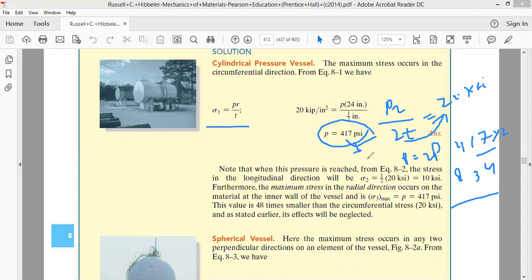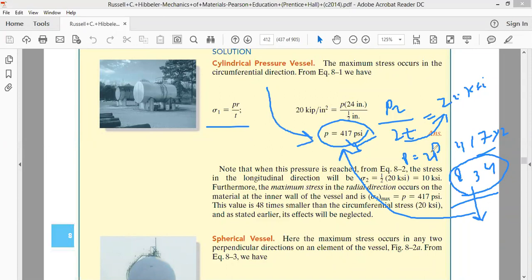But if the same pressure vessel is subjected to a pressure of 834 pound per square inch, it will not fail as far as the longitudinal stress is concerned. But at this pressure, the failure will happen because it will exceed the pressure this vessel can withstand as far as the circumferential or hoop stress is concerned.